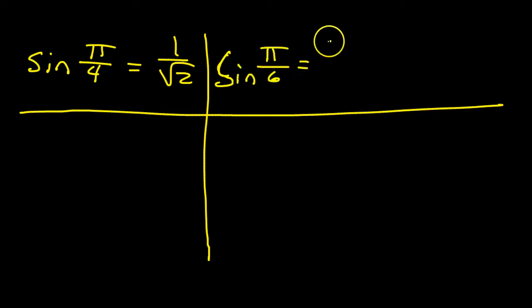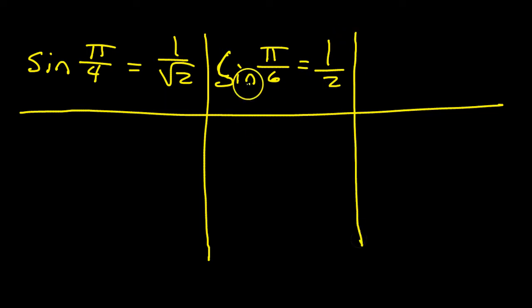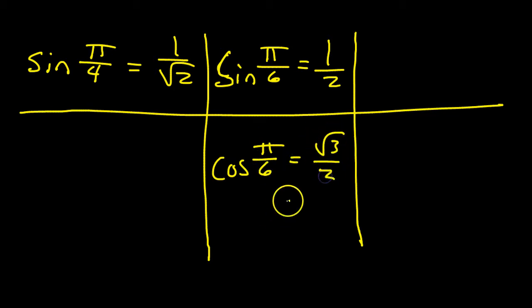What's that? You better know that's 1/2. And you should have memorized the cosine of pi over 6. That is radical 3 over 2. Make sure you've memorized these 3 critical values.